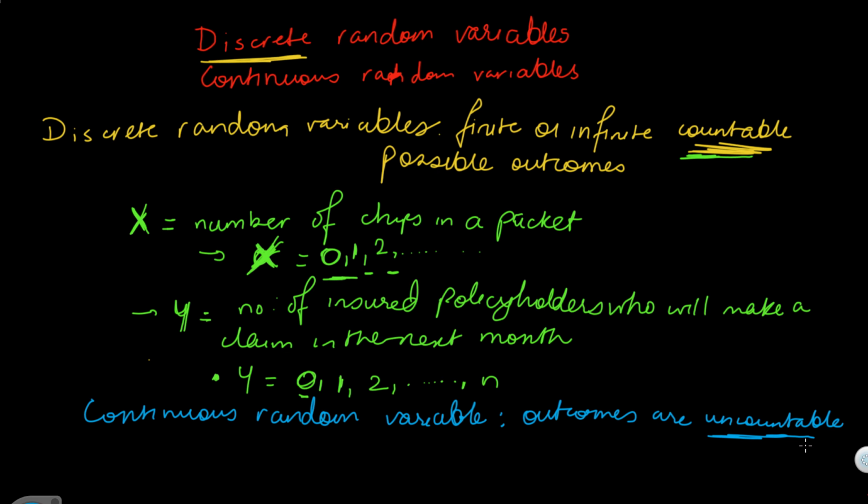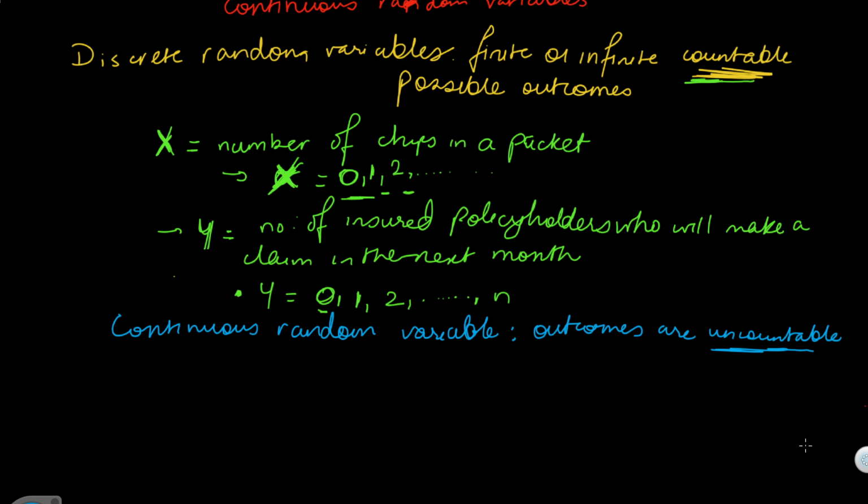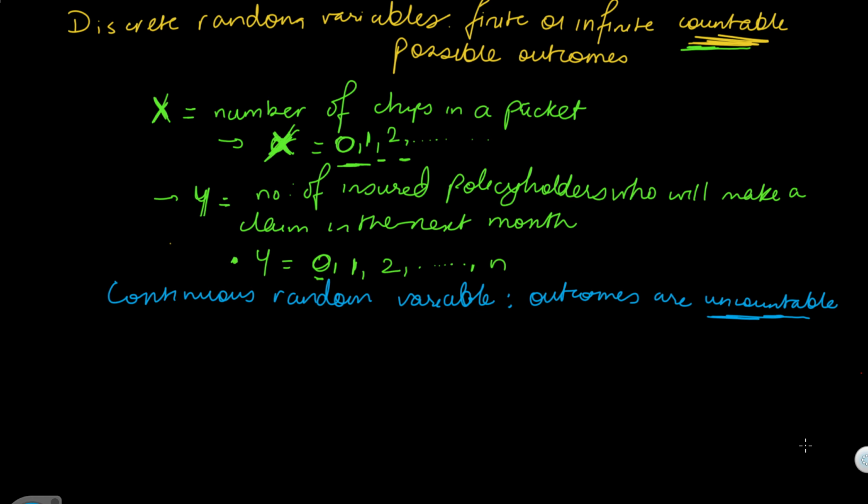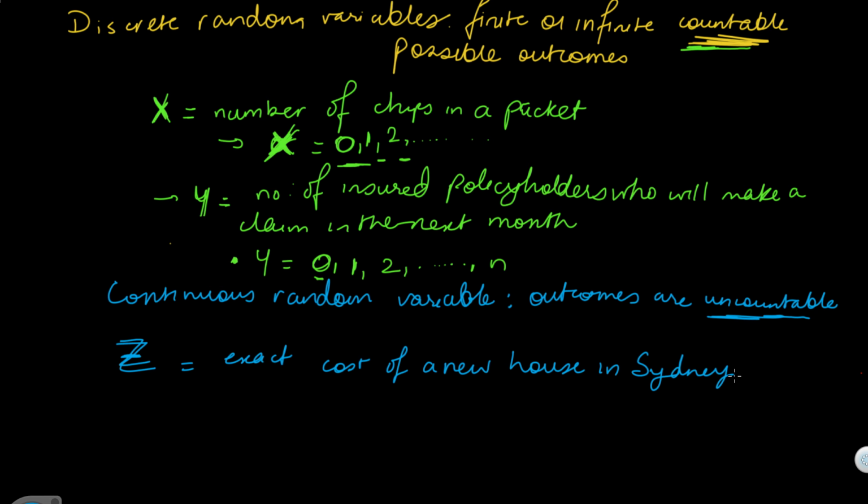Let's say we have a random variable z that describes the exact cost of a new house in Sydney.